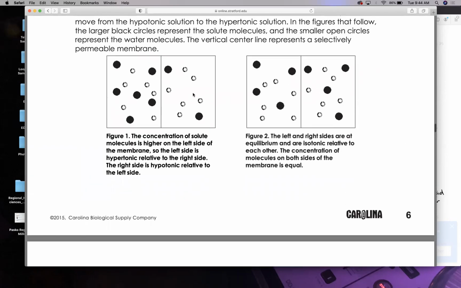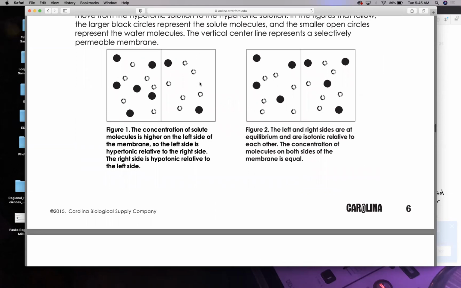Well, in theory, if you have a semi-permeable membrane and you put more salt in one side, what happens if I put more salt in the form of these big black circles? If I have these larger black circles here, there'll be fewer water molecules here. If there's less water here and more water here, there'll be an osmotic pressure gradient, right? More water here, less water here.